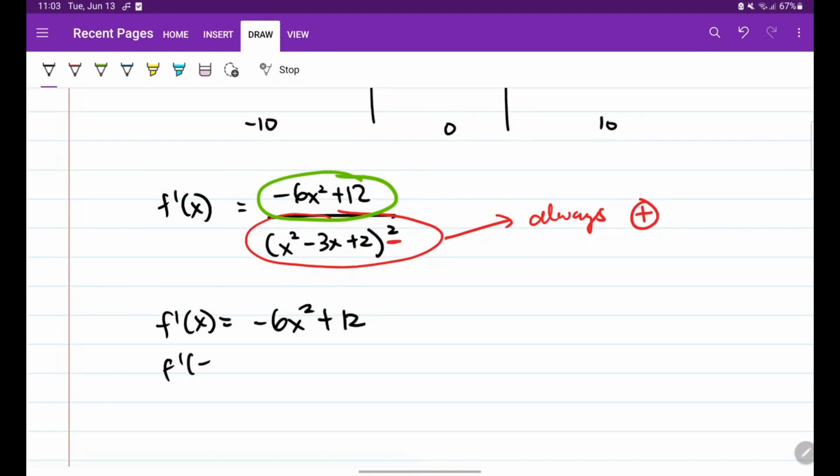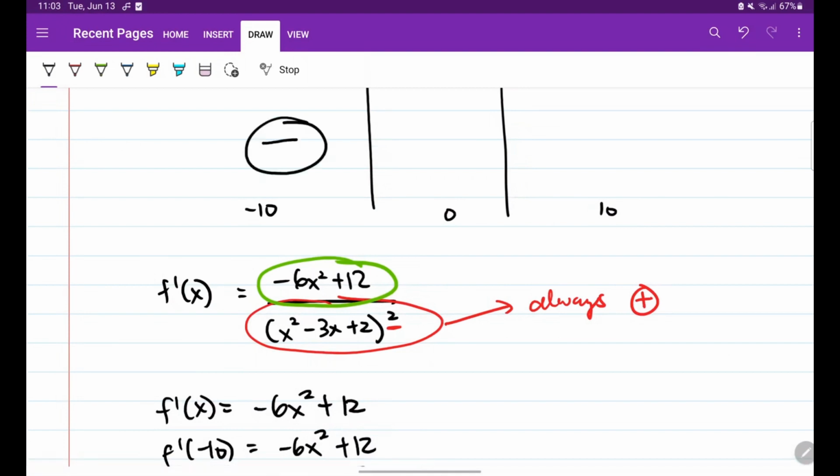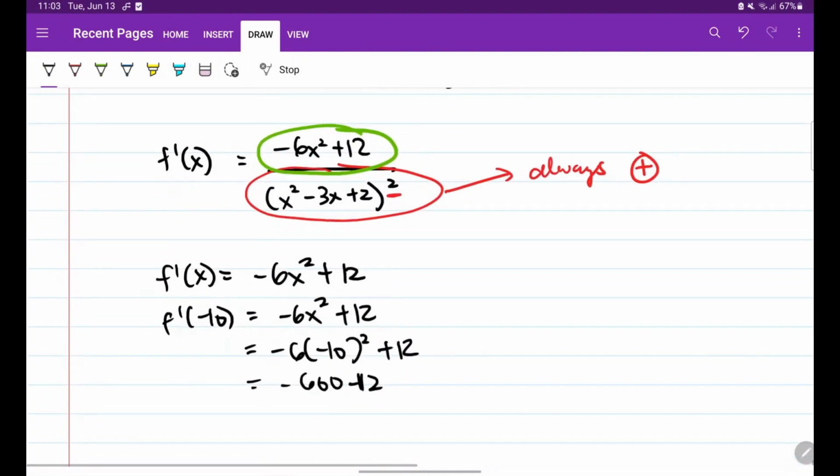No? So, f prime of negative 10 is equal to negative 6x squared plus 12. So, this is negative 6 times negative 10 squared plus 12. So, this is clearly negative 600 plus 12. And this is negative. No? So, just put a big minus sign here. Kapag 0 naman, so let's say f prime of 0, so negative 6 times 0 squared plus 12, so this is just 12 and it is positive.